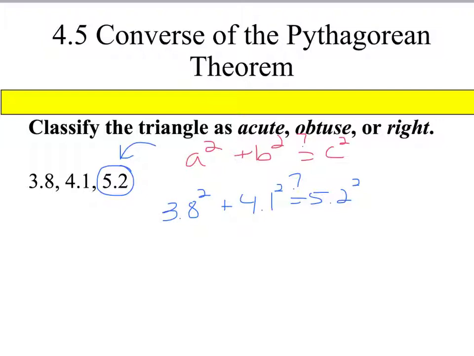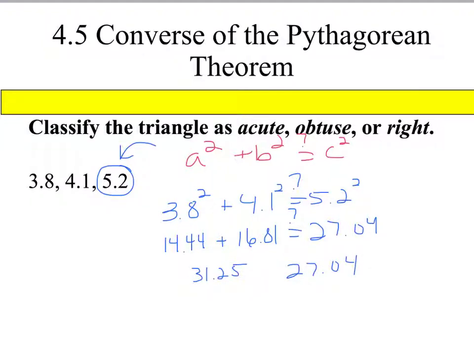All right, so now 3.8 squared is 14.44, plus 4.1 squared is 16.81. And we are not sure if it is larger than our 5.2 squared, which is 27.04. Add those up, we get 31.25 and 27.04.